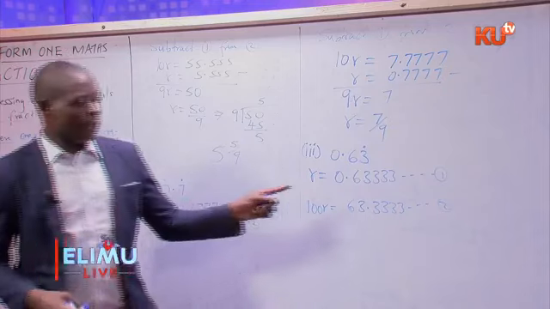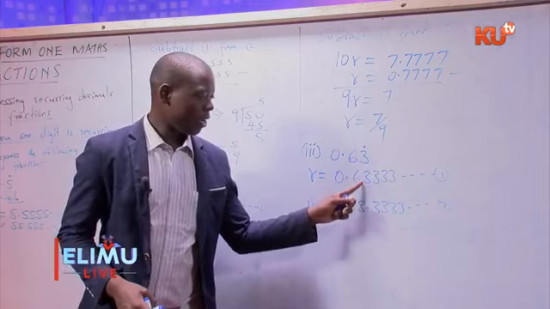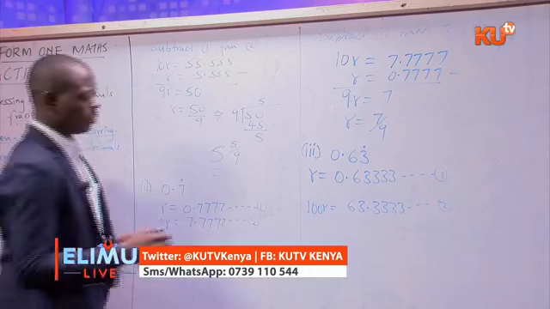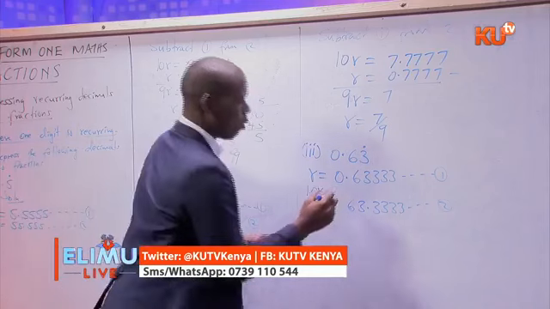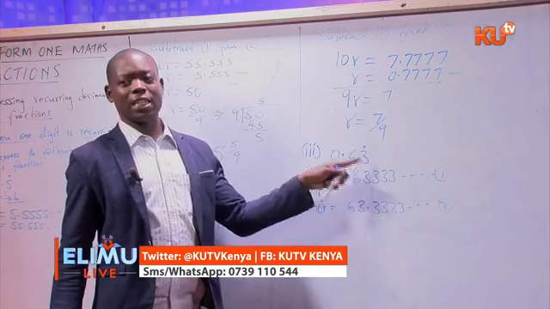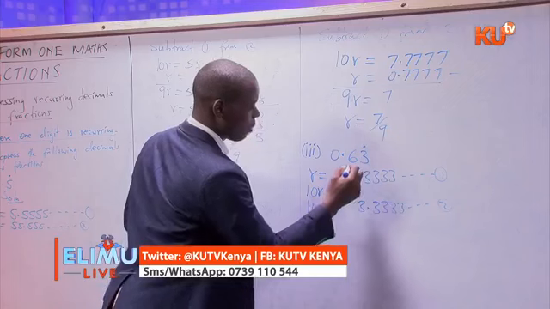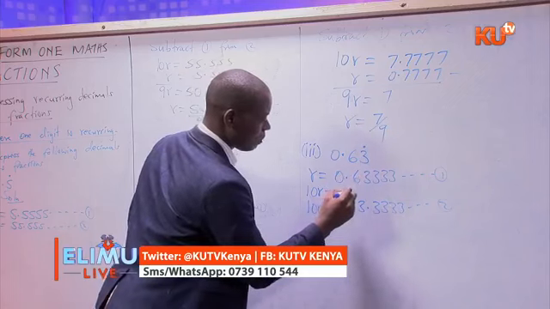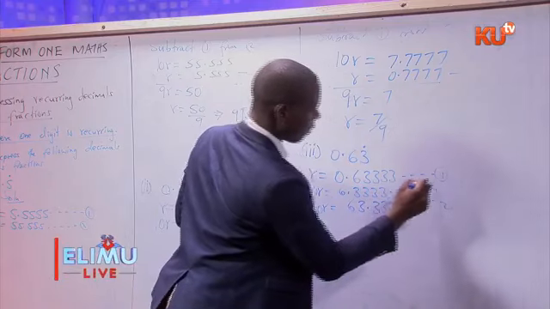Then, if you look at these 2 cases, you subtract this, you will not get 0. So what have we kept in between? We've kept a place value 10R, which is equivalent to that digit that is recurring, one of them. So if you move this one more step, it becomes 6.3333, and that is equation number 3.